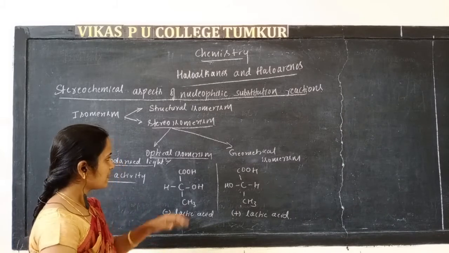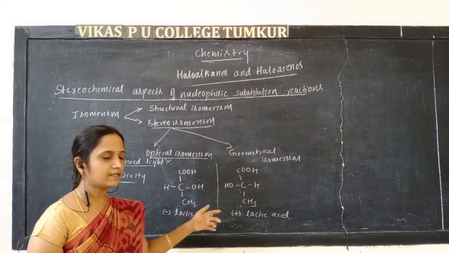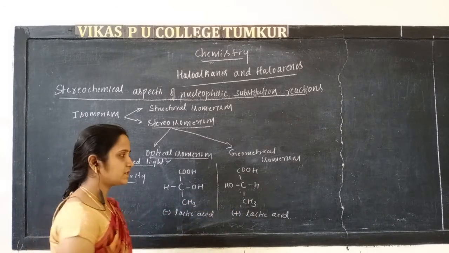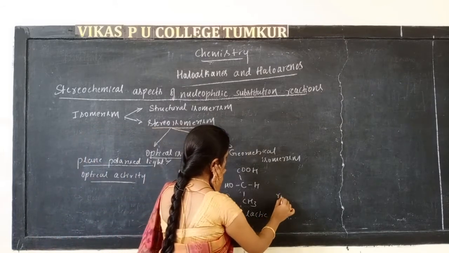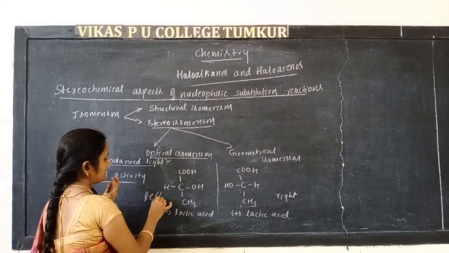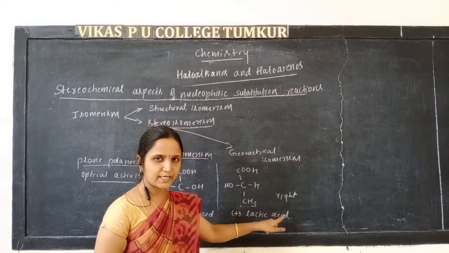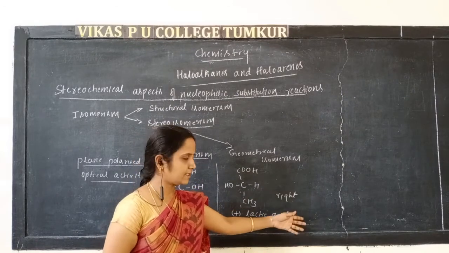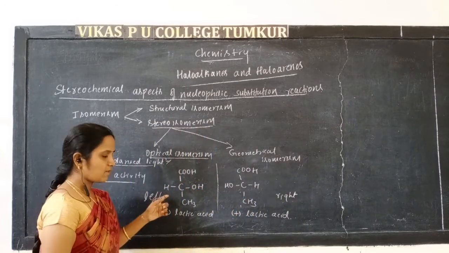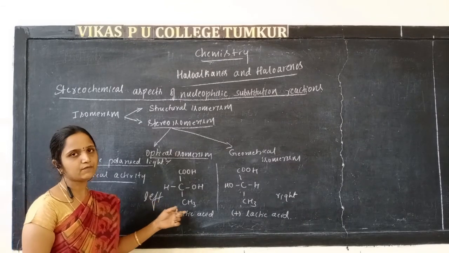Dextrorotatory compounds rotate the plane polarized light to the right, and levorotatory compounds rotate it to the left.